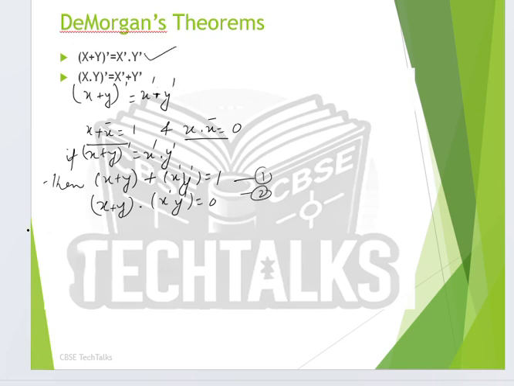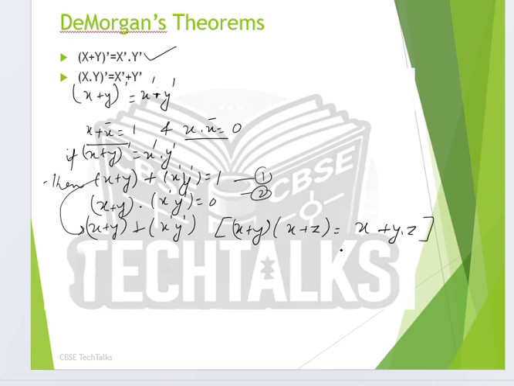Okay. Now what we will do, from this, x plus, I am writing once again. Now what we can do, we will be following this theorem. What is it? X plus y dot z.